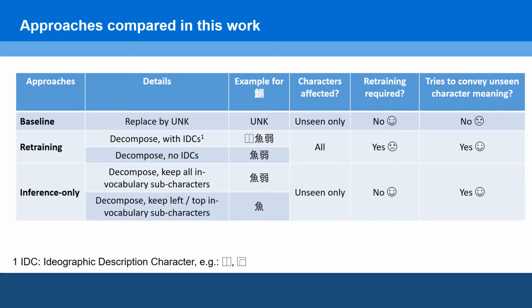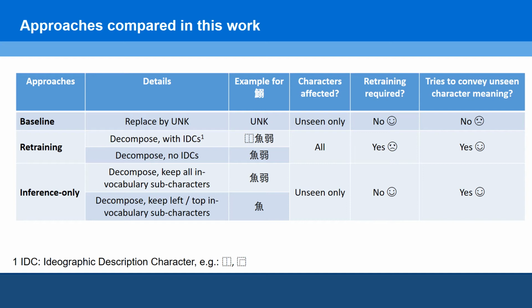In this slide, I'm just summarizing the different approaches to unseen character translation that we compare in this work. The baseline approach just replaces unseen characters with an UNC token. Then we have two retraining approaches which affect all characters. The difference is that one includes IDCs, which are these special characters that convey structure, and the other approach does not.